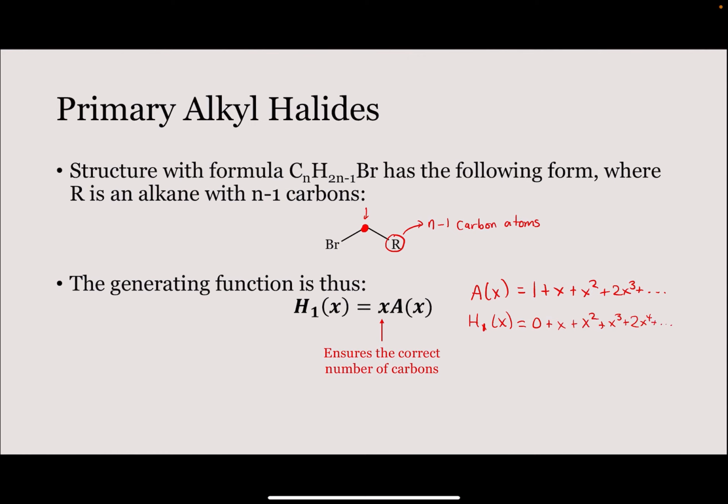We're essentially just shifting the sequence over, because what we're doing by multiplying by that x is just accounting for this extra central carbon over there. So it's actually just the same as the number of alkyl groups, just that we're shifting our sequence by one carbon. Okay, so that's for primary alkyl halides.